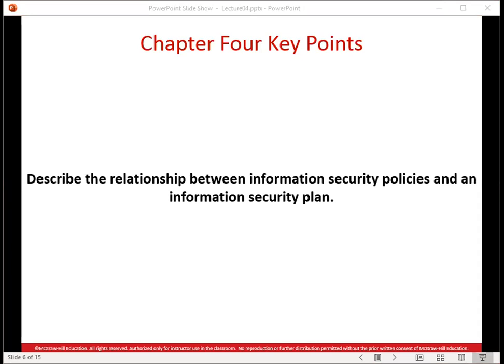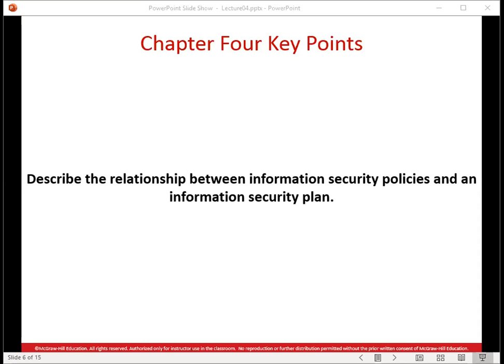So describe the relationship between information security policies and an information security plan. Information security policies identify the rules required to maintain information security, such as requiring users to log off before leaving for lunch or meetings, never sharing passwords with anyone, and changing passwords every 30 days.